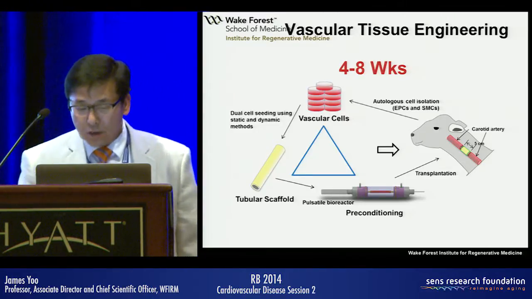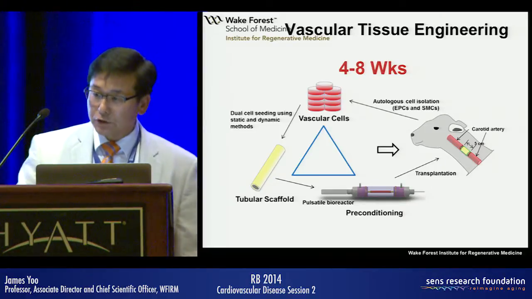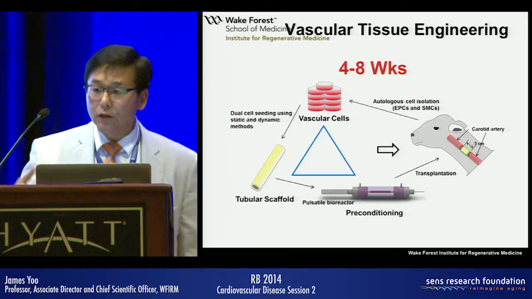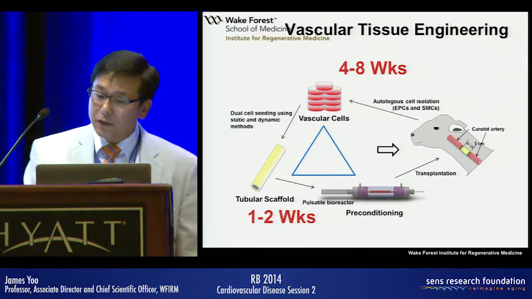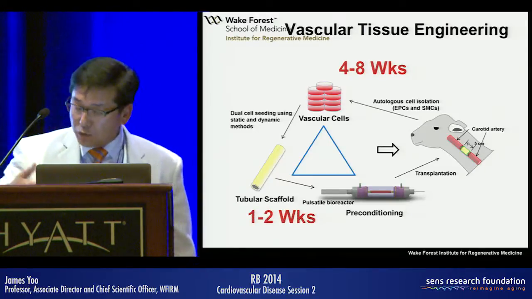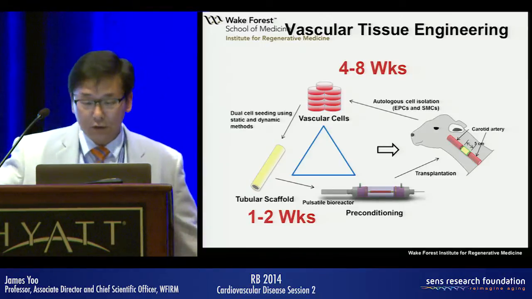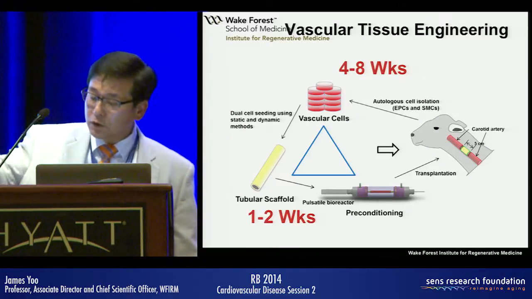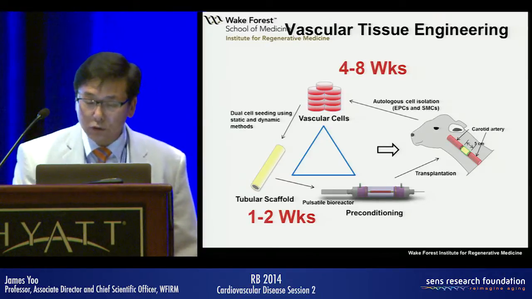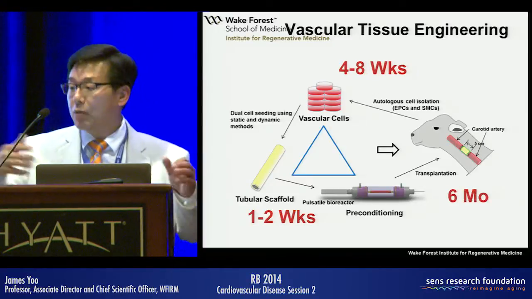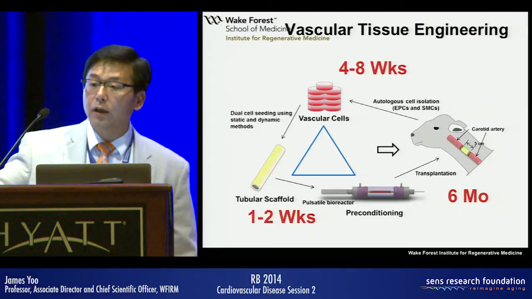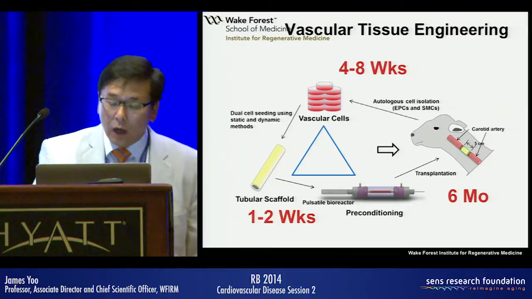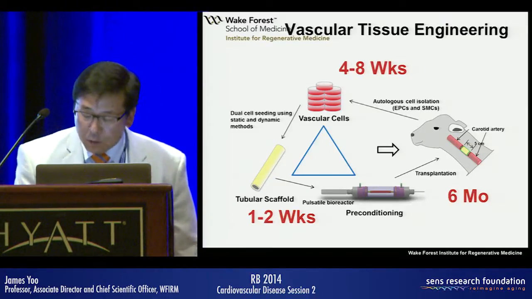For example, culturing itself could take two months easily. And then placing the cells and preconditioning them takes 2 weeks. And then after you implant it into the body, it takes many months for this construct to mature and become functional. So is there any way that we could do that?